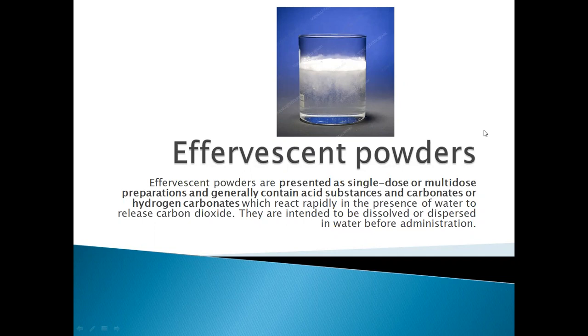So what will these effervescent powders contain? Generally, they contain acid substances and carbonates or hydrogen carbonates, which react rapidly in the presence of water to release carbon dioxide. They are intended to be dissolved or dispersed in water before administration. So these are effervescent powders.